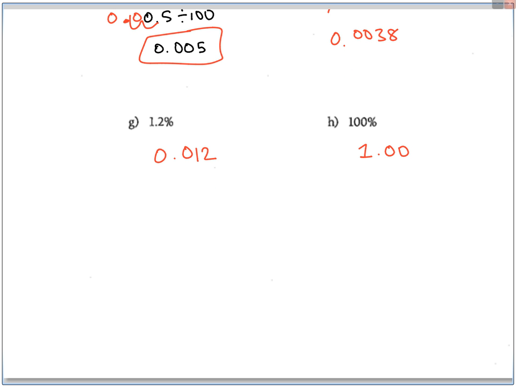Okay, so let's just make sure we understand this. So let's do this. 250%, 2.5. 25%, 0.25. 2.5%, 0.025.